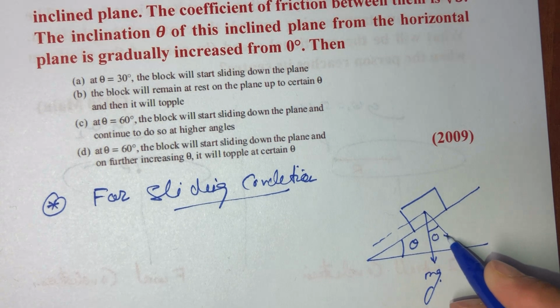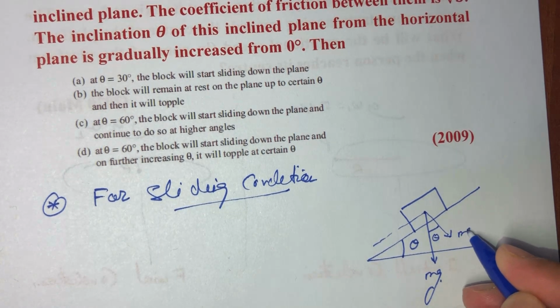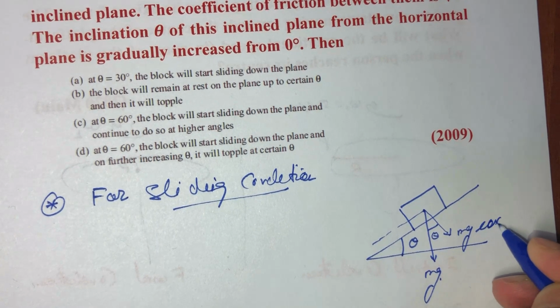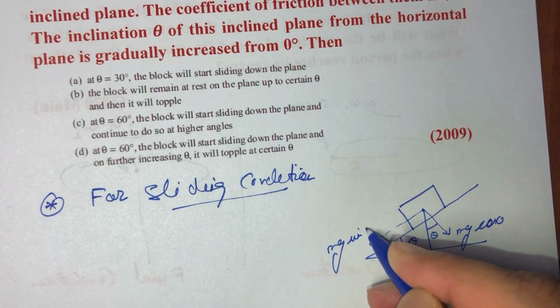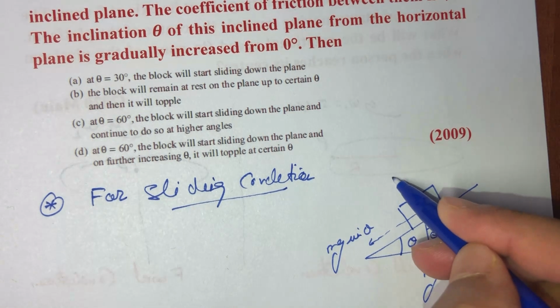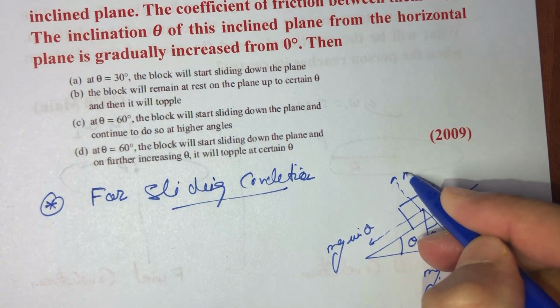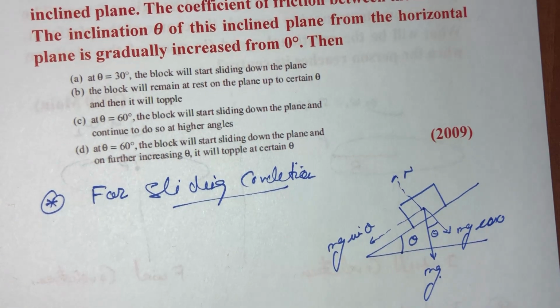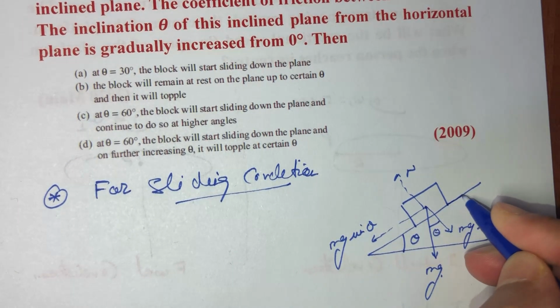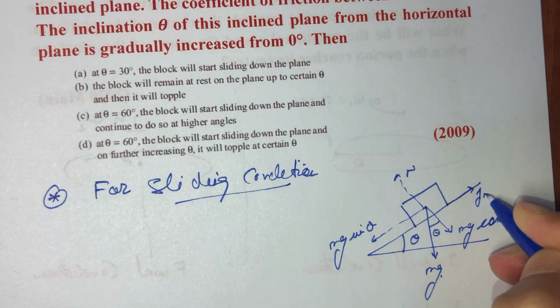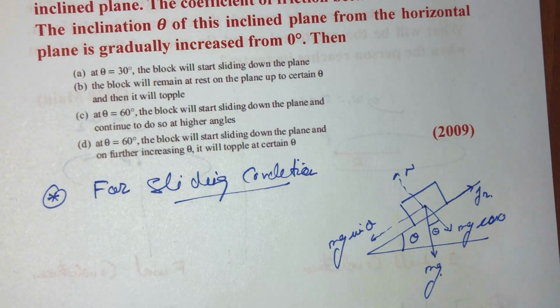This will be angle theta, so we are going to have mg cos of theta, and this will be mg sine of theta, and we are going to have a normal N, and if it is sliding downward, there is a frictional force Fr acting in the opposite direction.